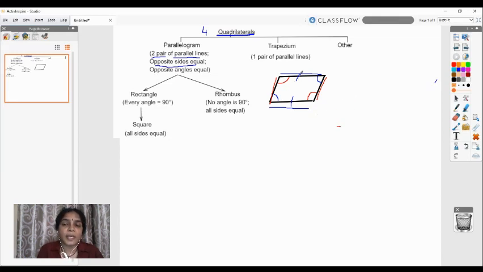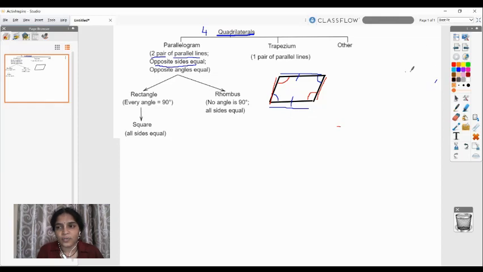So just by making two lines out of the four lines in a quadrilateral parallel to each other, and they are opposite sides, opposite parallel lines, they are also equal, then we get a parallelogram.